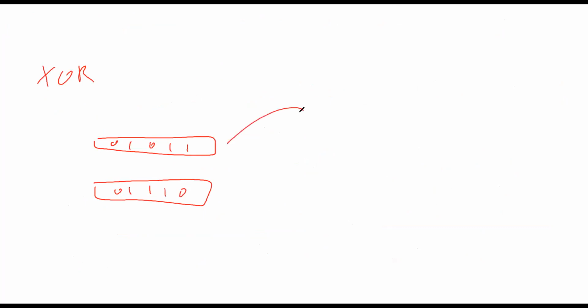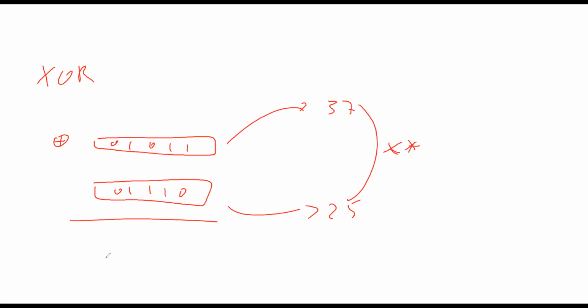If you have to take this and convert it to a 37 and then a 25 and do an operation, a multiplication or exponent, you realize that the CPU has to do a lot of calculations, right? But if it only has to do an XOR between two places in memory, the computer is very efficient at doing that. And so it means it can do it really fast.